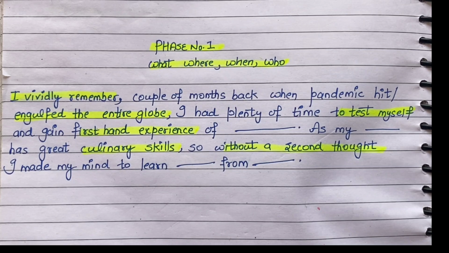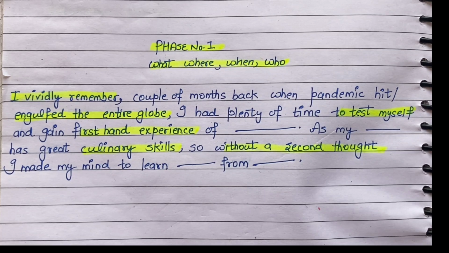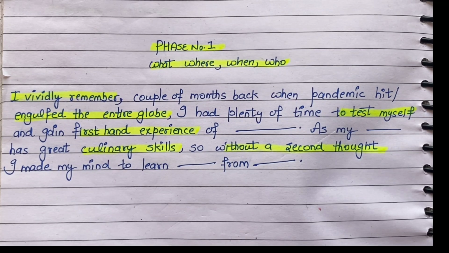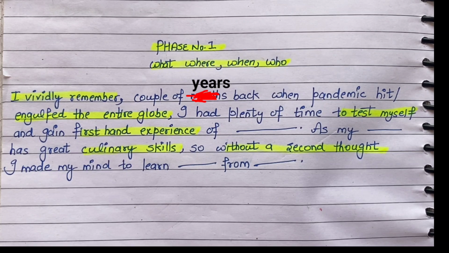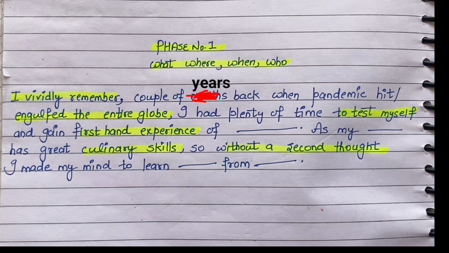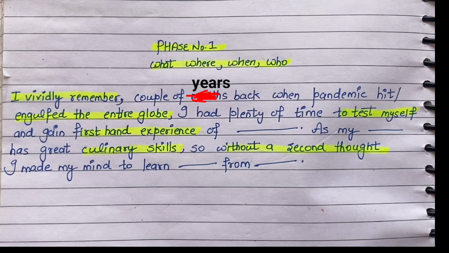After the introduction comes phase number 1, where you are supposed to explain where you tried it, when you tried, with whom you tried and all that stuff. I am taking the context of cooking, being a female. So I vividly remember a couple of years back, when the pandemic hit and engulfed the entire globe. Engulf means to make the globe the victim, targeted or hit.